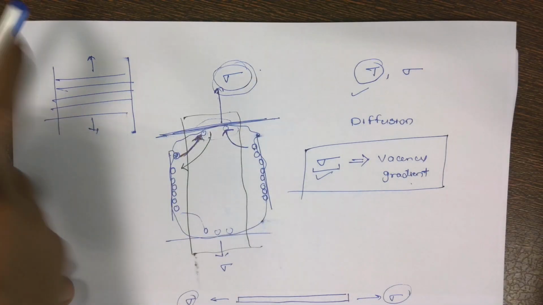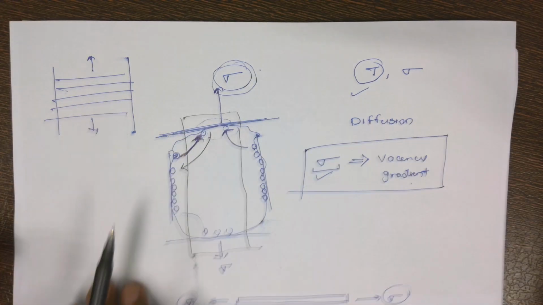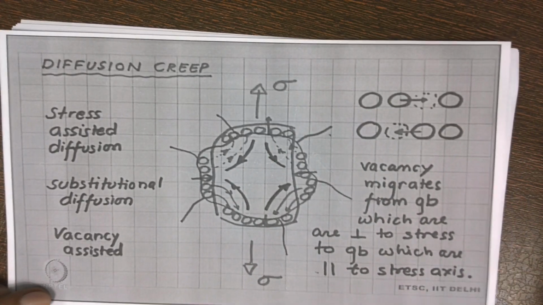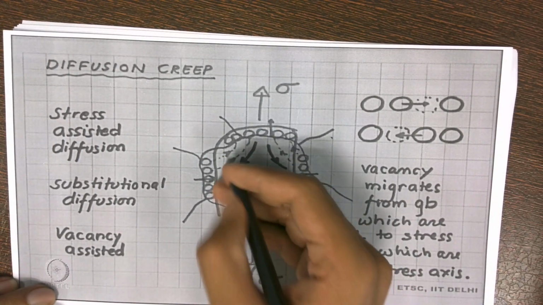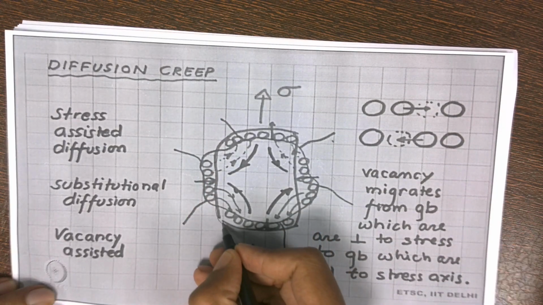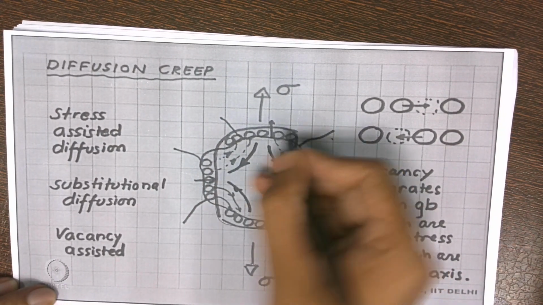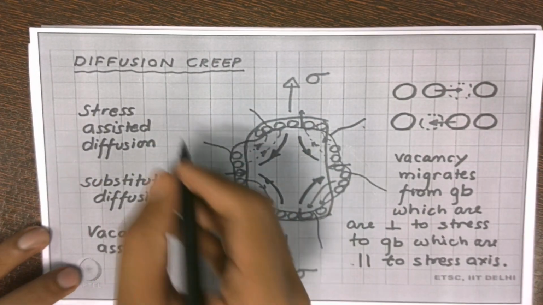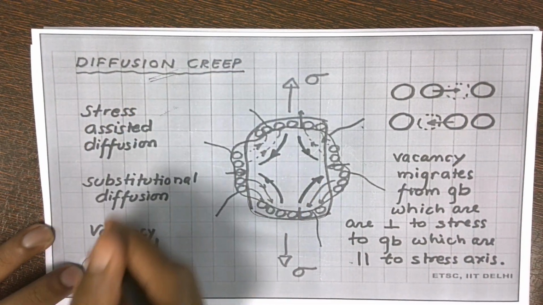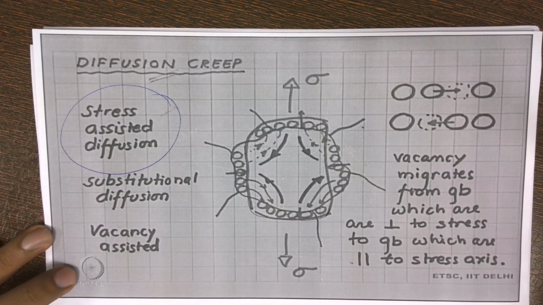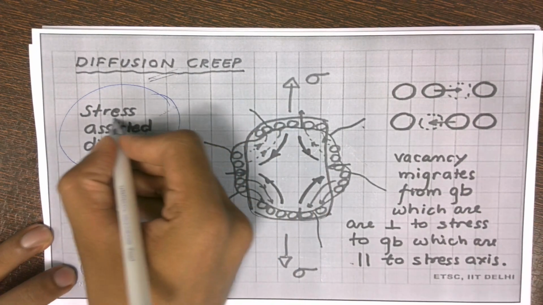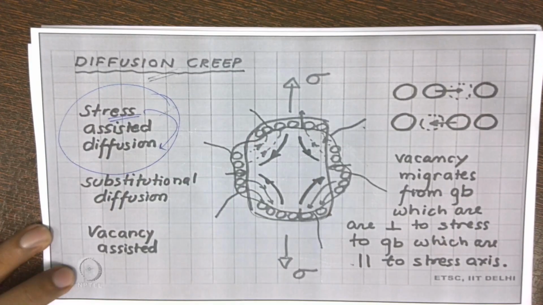And this is the reason why our initial shape, which was something like this, will elongate along one of the directions and go something like this. This is the reason why we call diffusion creep a stress-assisted diffusion. This application of the stress is causing the diffusion to occur.